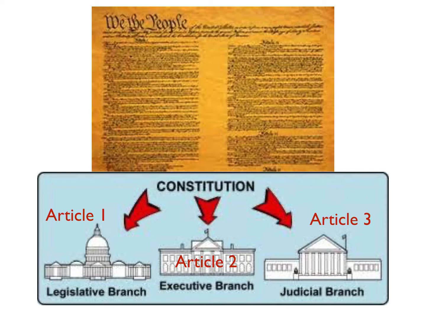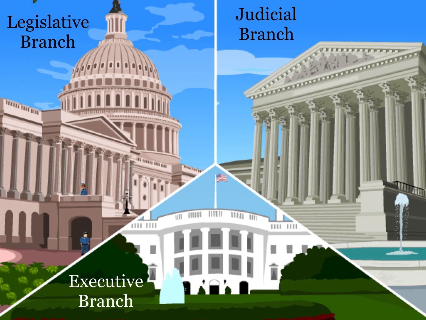The Supreme Court and we have lots of federal courts across the country. That is part of Article 3. So the Constitution is where we get this information that we're going to be learning in this course. So another way of thinking of it, it's 3 branches, 3 separate and equal branches. And everything that we know about these branches comes from the Constitution.